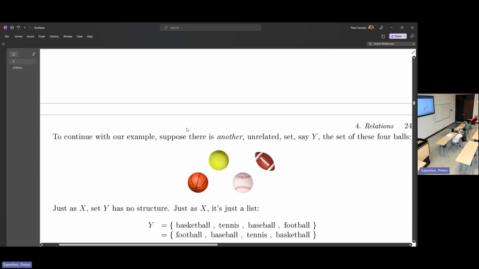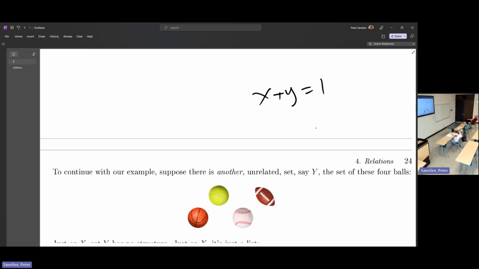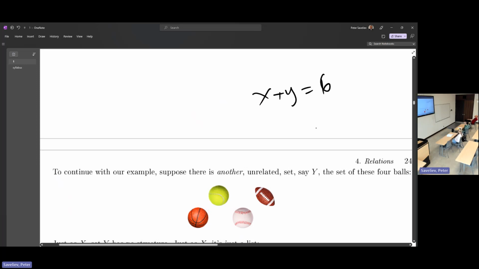Relations and functions. Here I pick another set, and we already had a relation. Let me remind you, this is a relation: there are two sets, x's and y's, and they are somehow required to be related to each other.